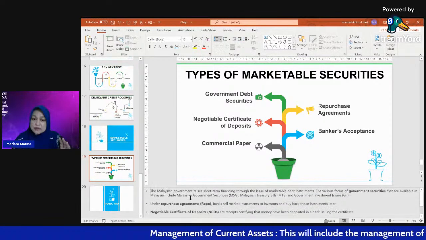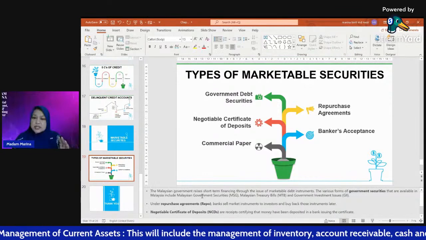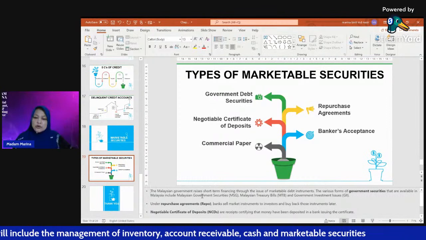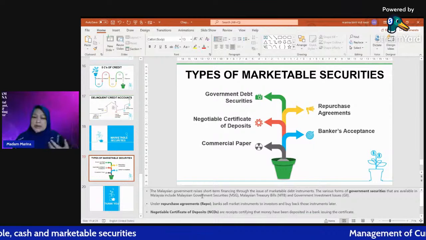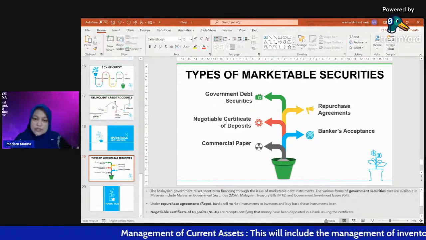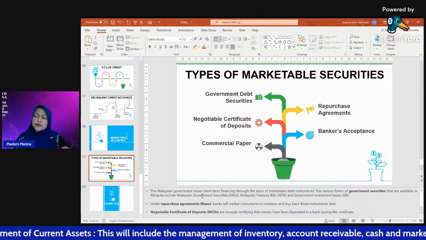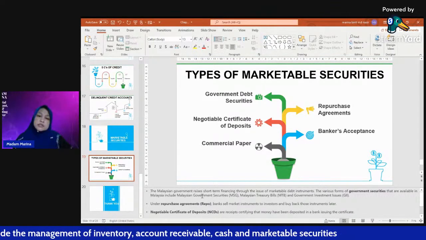Marketable security is actually the facilities that the government or financial institution will give to company or to individuals, to get this opportunity for additional fund for the business.